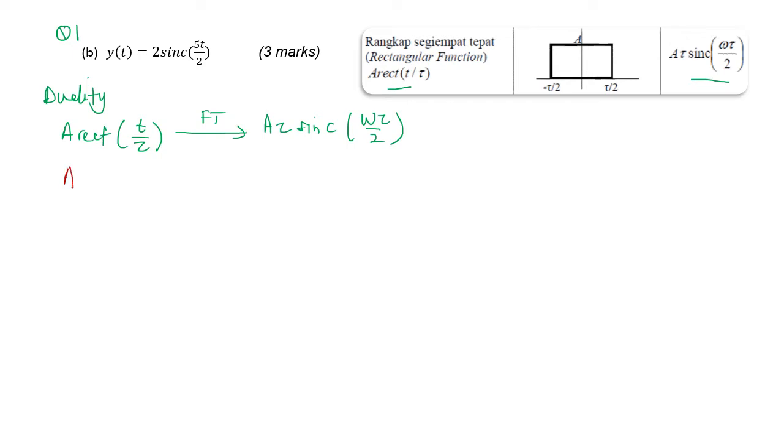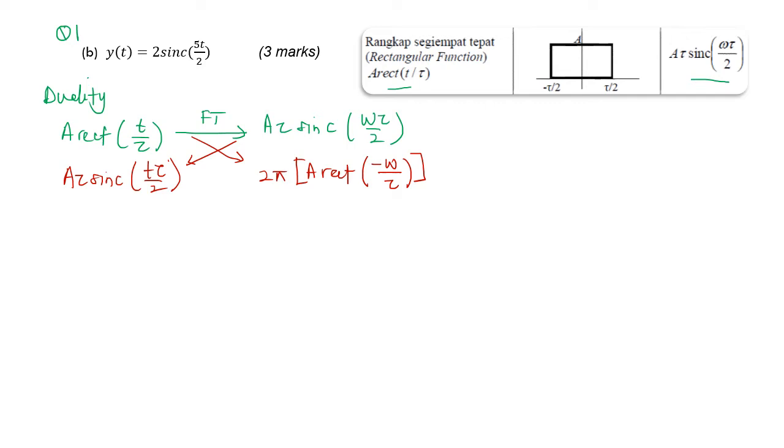So A tau sinc of t tau over 2 will produce 2 pi A rectangular of negative omega over tau. Okay, so compare the given equation.